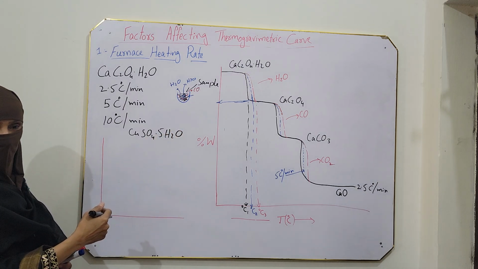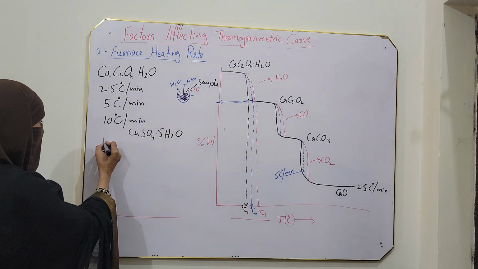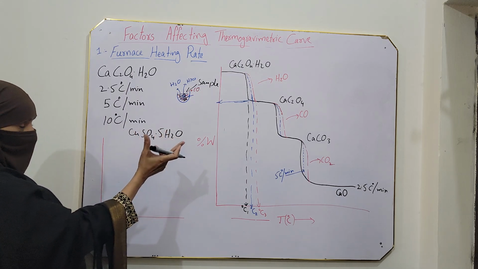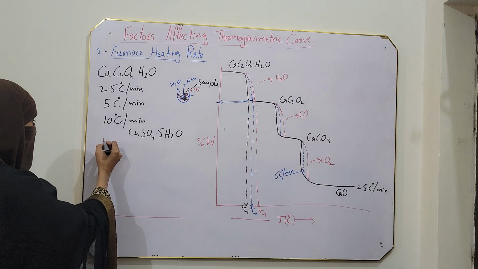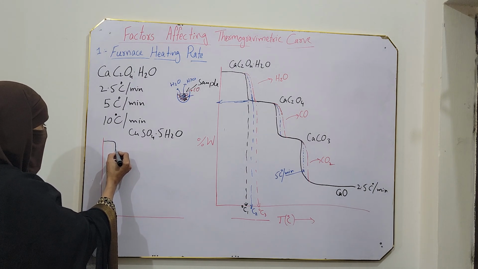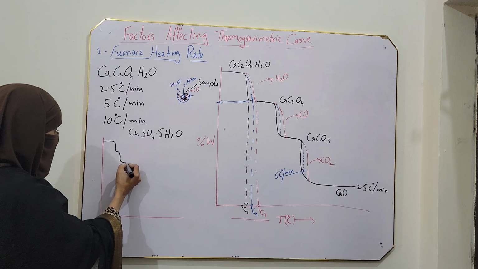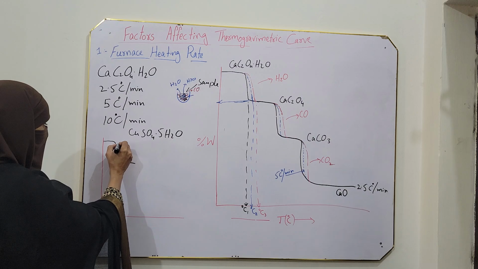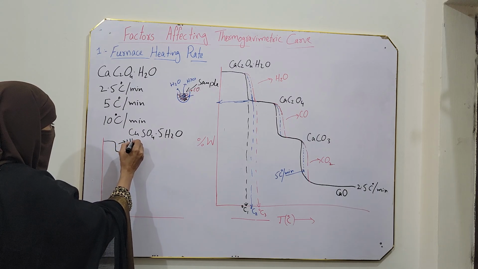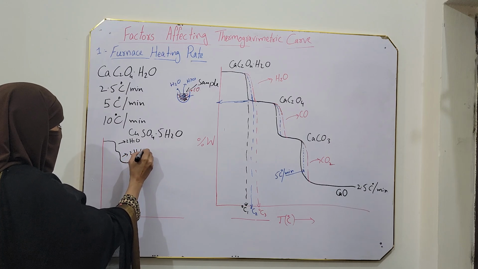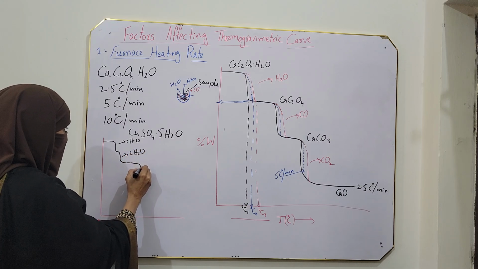In its decomposition, the first step is removal of the water of coordination; 4 water molecules are removed in the first step. If the heating rate is slow, then first 2 water molecules are removed, then the other 2. These are 2 water molecules and these are the other 2. Overall 4 water molecules are removed.